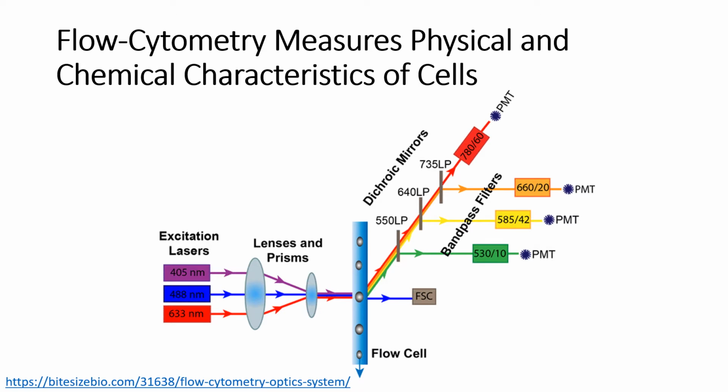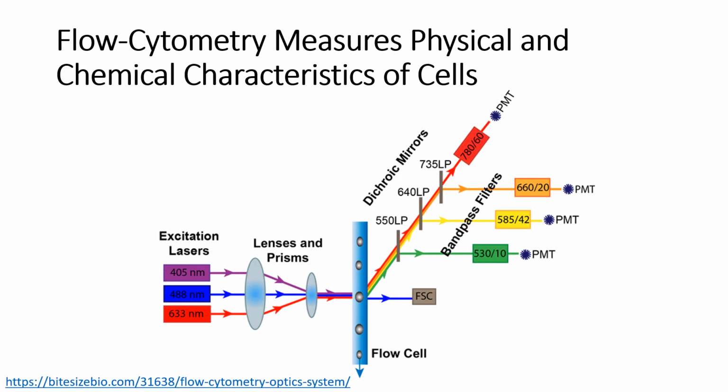Each of the cells is hit by a laser beam, and you can change the excitation levels of that. When the laser beam hits the cells, based on the size, shape, structure, and components of the cell, the wavelengths are bounced off differently.